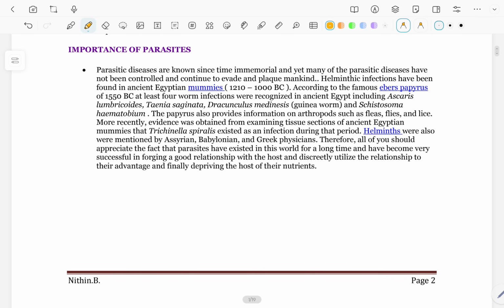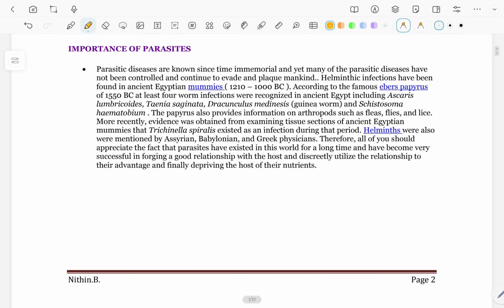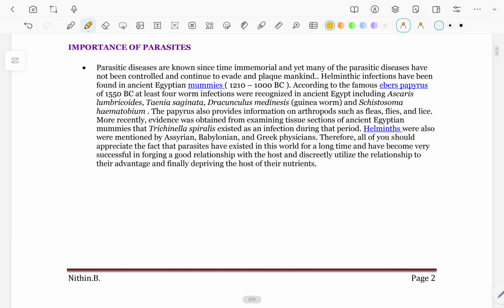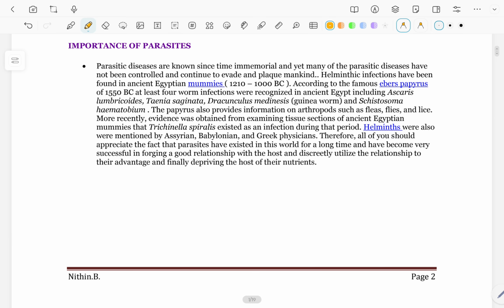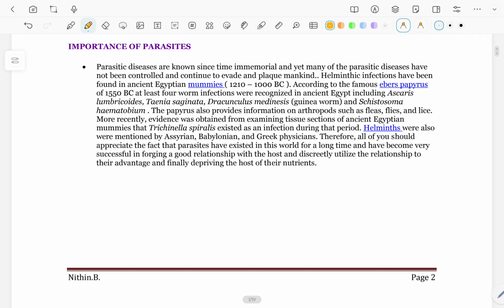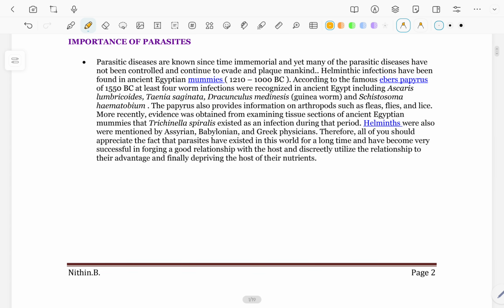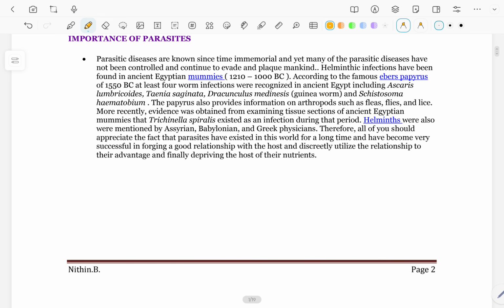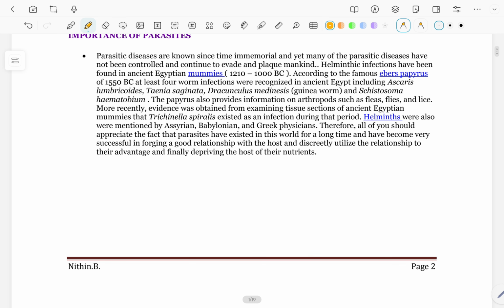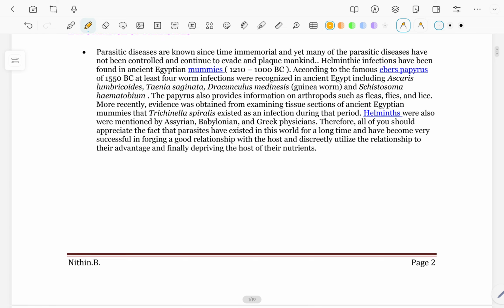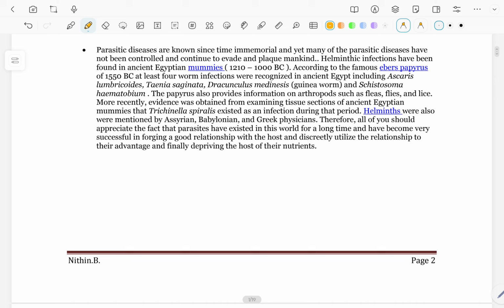More recently, evidence was obtained from examined tissue section of ancient Egyptian mummies that Trichinella spiralis existed as an infection during that period. Helminthes were mentioned by Assyrian, Babylonian, and Greek physicians.